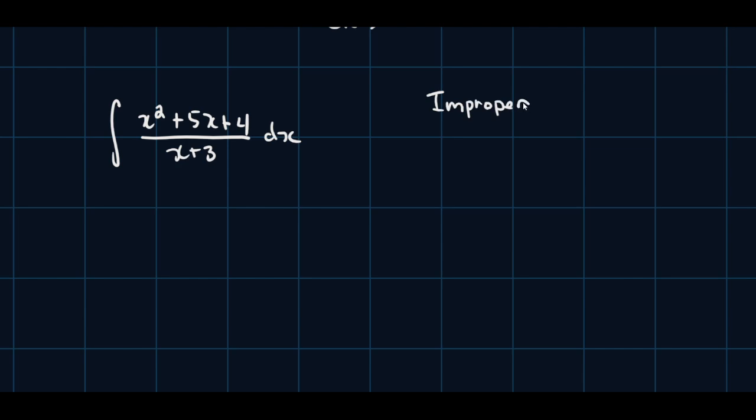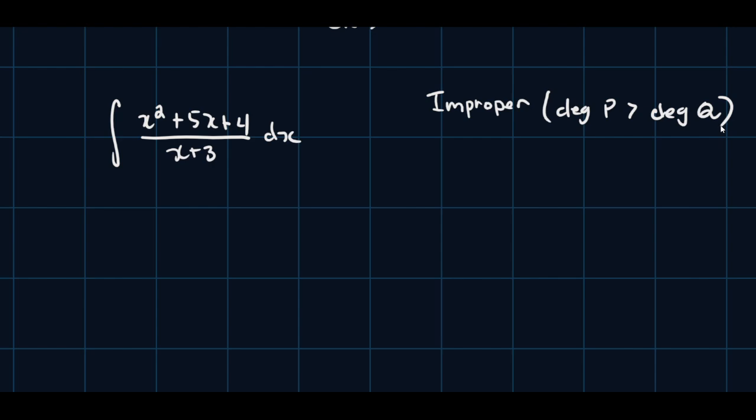It's the opposite of a proper rational function, where the degree of the numerator is greater than the degree of the denominator. In this case, we perform long division first, so that we can write it as a quotient plus the remainder, where the remainder is now a proper rational function.